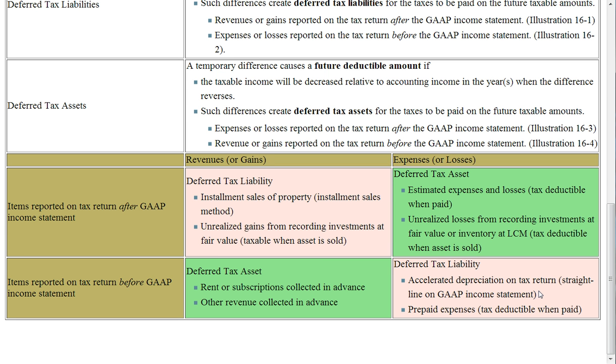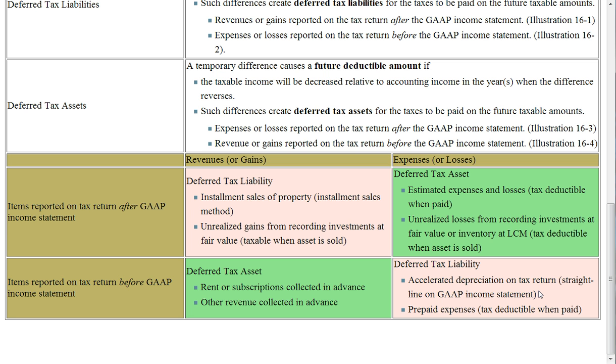That's true under both the income tax return as well as under the GAAP income statement. The issue, or the challenge, is that the timing of the dollar amount of depreciation in any given year may be slightly different.